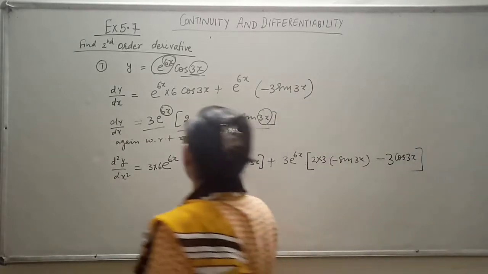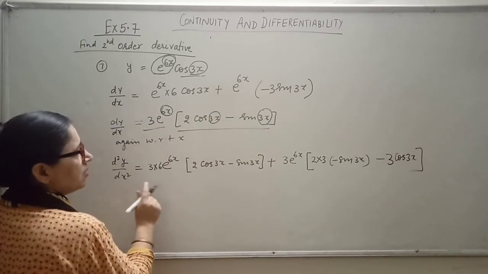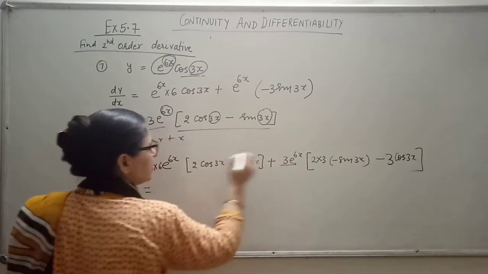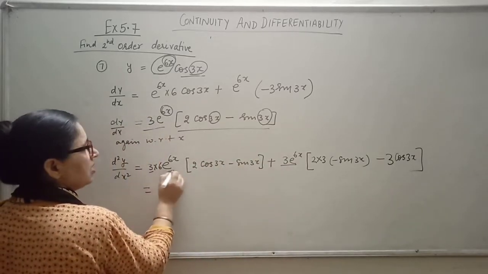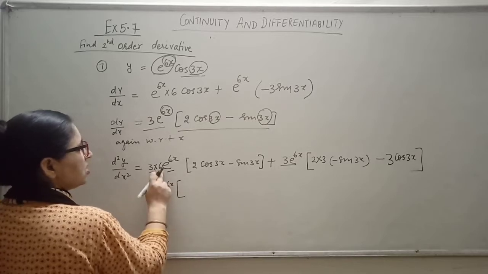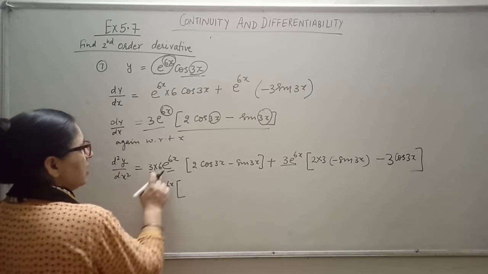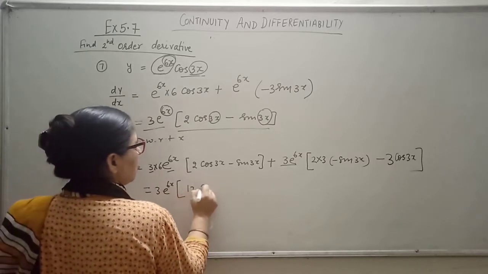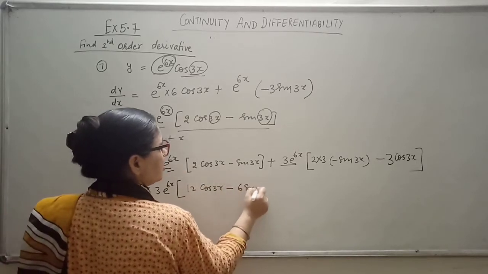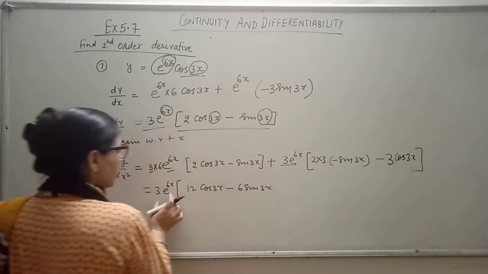Okay, let us simplify this now. From both of these, what can we see? See, this 3e raised to power 6x is common, so take it out. Now 6 will be multiplied here inside. 6 2s are 12 cos 3x, 6 sin 3x. This I have already taken out common.